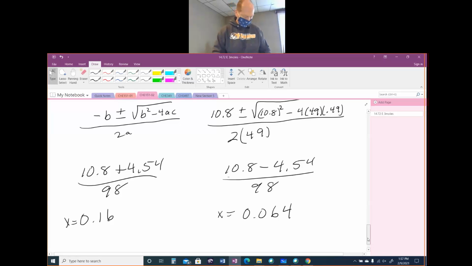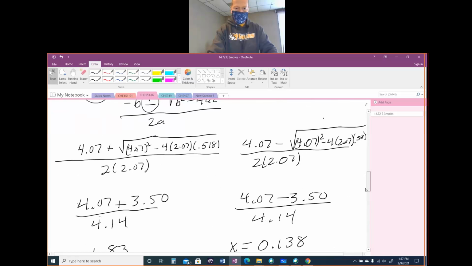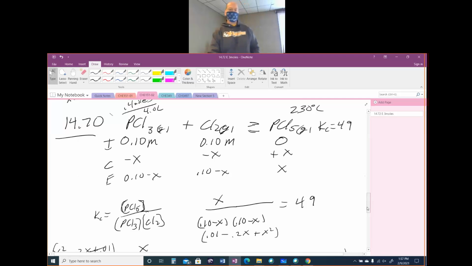All right, so we have 0.16 and 0.064. So we go back up to our initial question, which is right here, 1470. We want to find our equilibrium concentrations.